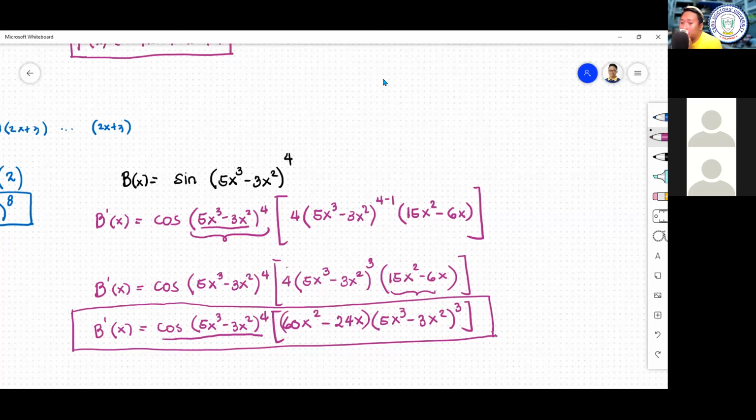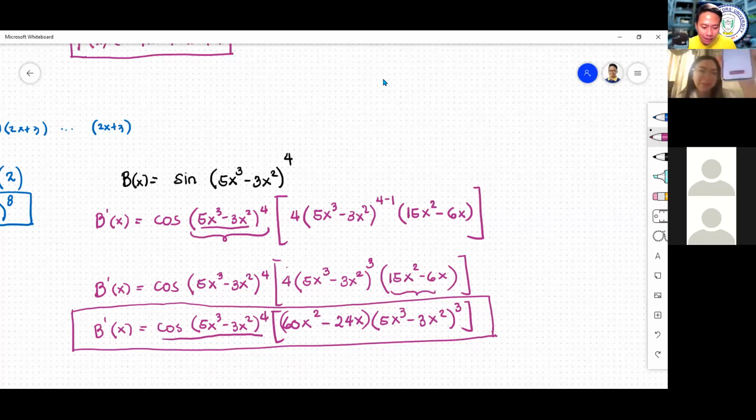Sir, I used Photomath, sir. Yes, the answer on Photomath. What's the answer on Photomath? Let me do Photomath as well. I'm going to explain it to you.